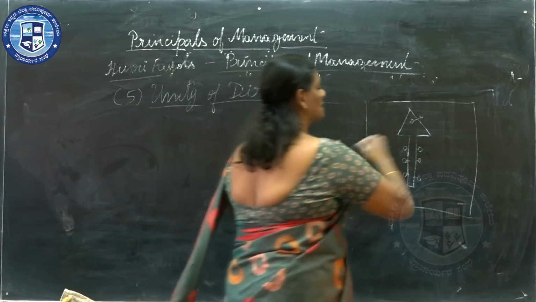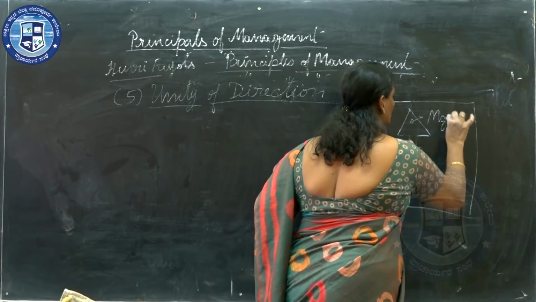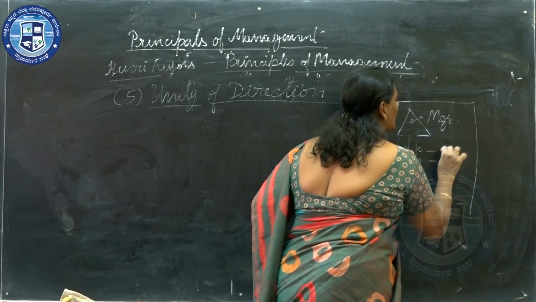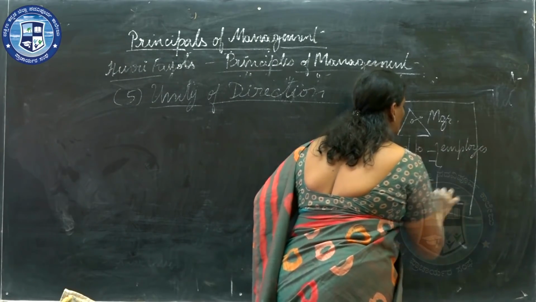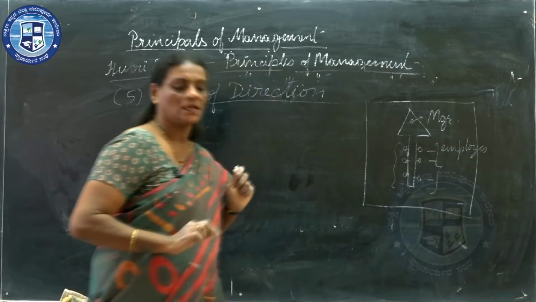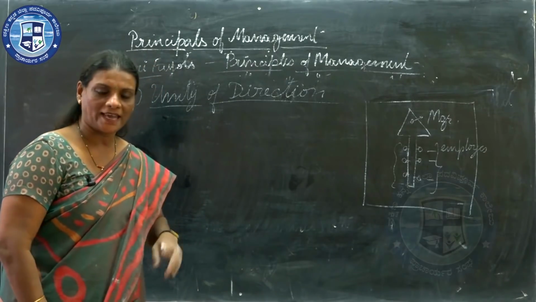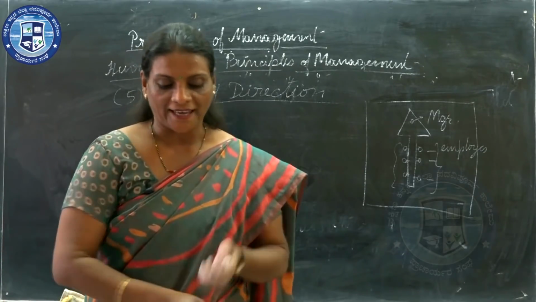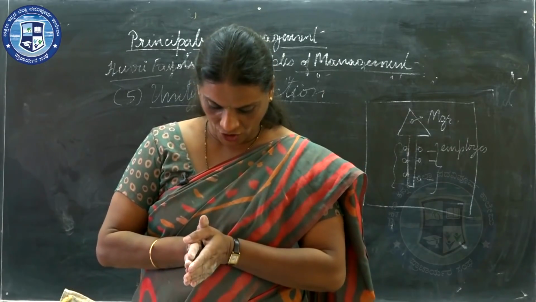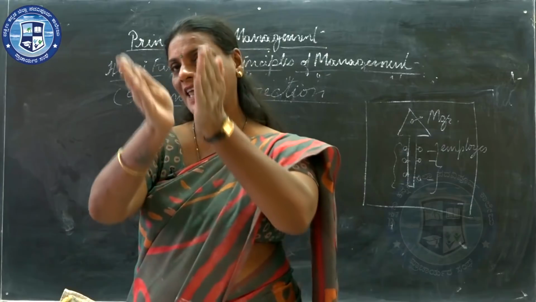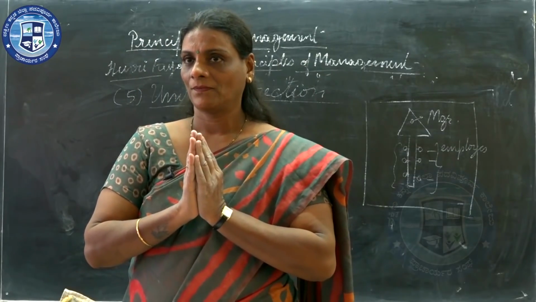So, here this person represents the manager and these represent the employees. So, in a particular organization, there should be unity of direction. That is, all units of an organization should be moving towards the same objective.